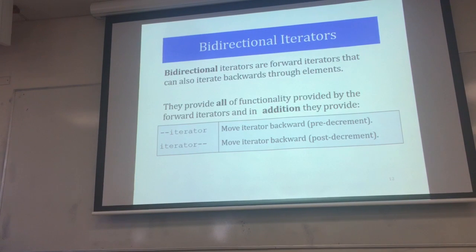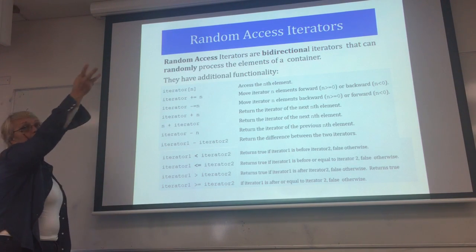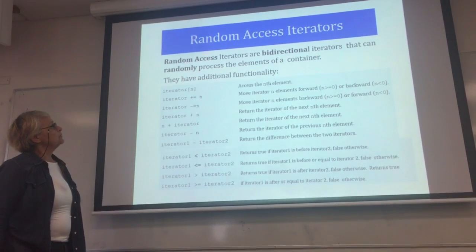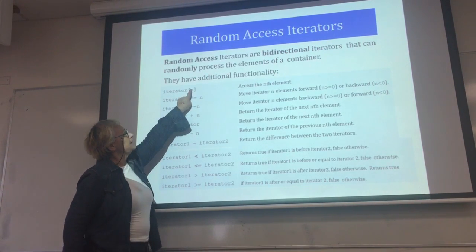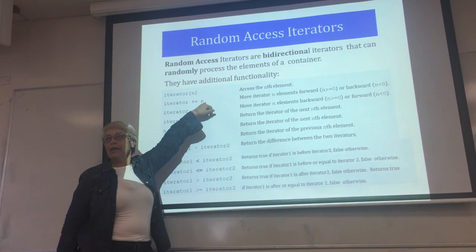Now, the most powerful is this type of random access iterators. They come with everything which was in bidirectional, so everything which was in input, output, forward, plus random access. We can jump n locations.